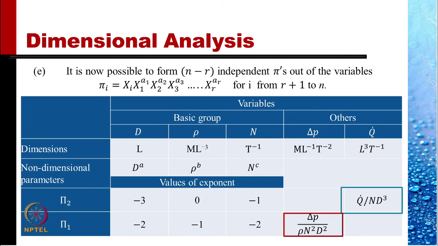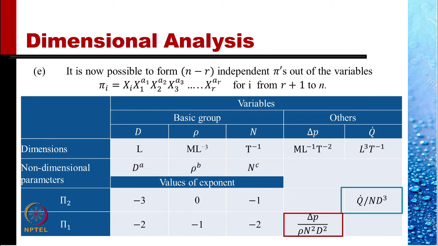We write the dimensions of this basic group. L is the dimension of D. M L raised to minus 3 is the dimension of density. T raised to minus 1 is the dimension of the RPM. Similarly for delta P and Q dot.